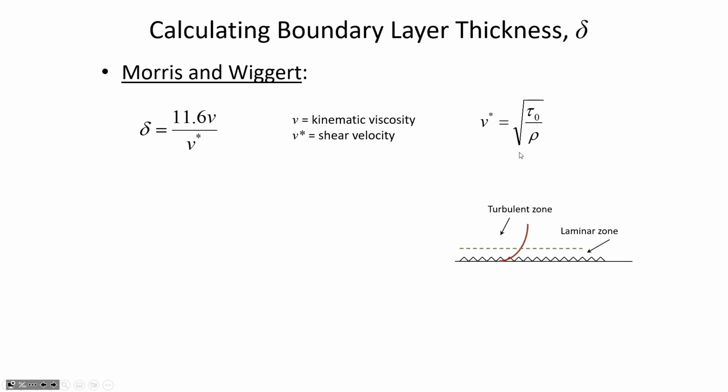If we want to try and take a stab at quantifying how deep into the water that boundary layer extends from the pipe, Morris and Wiggert tried that using shear velocity. So they attempted to relate the kinematic viscosity of a fluid and the shear velocity that is being experienced by a fluid to estimate how thick the boundary layer is.